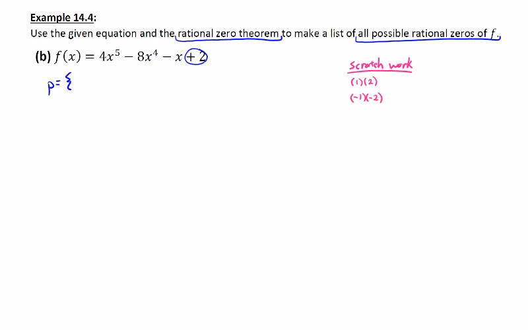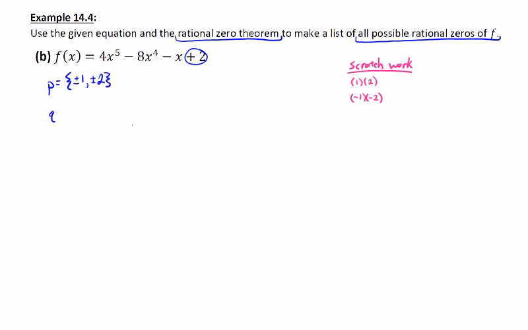Now I understand that many of you do not need scratch work to do this, but for those that would prefer to write it out, this is what the scratch work is for. So certainly if you can do this in your head, you're more than welcome to do so. What I need to see is the results, which is going to be ±1 as well as ±2.